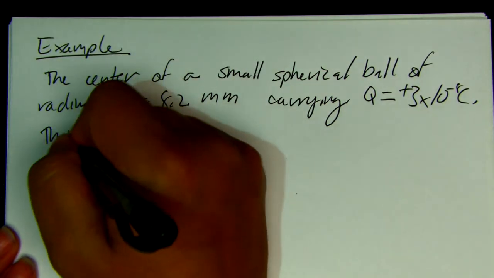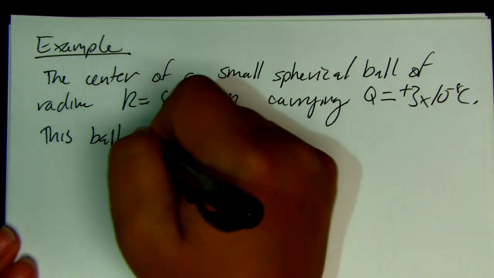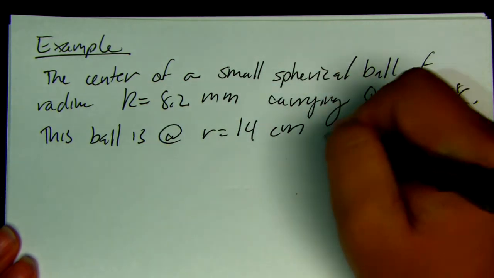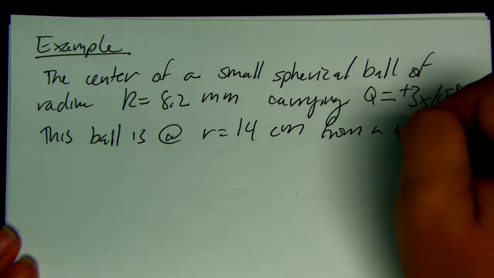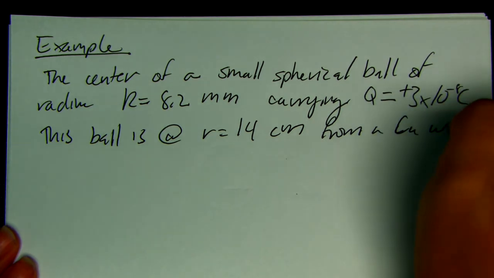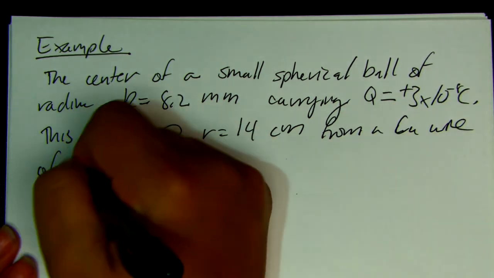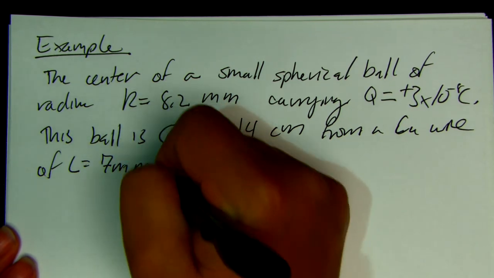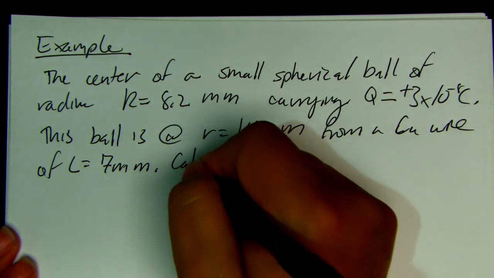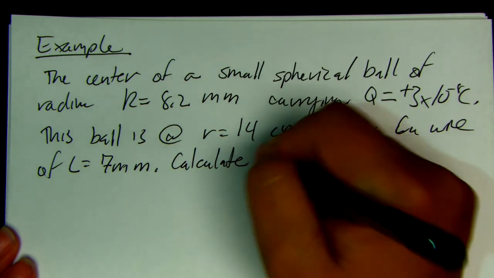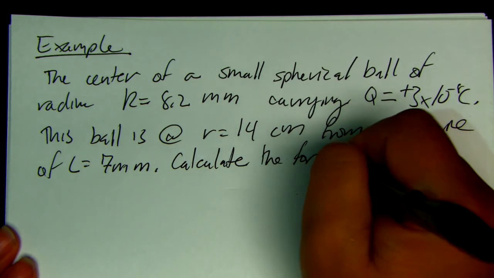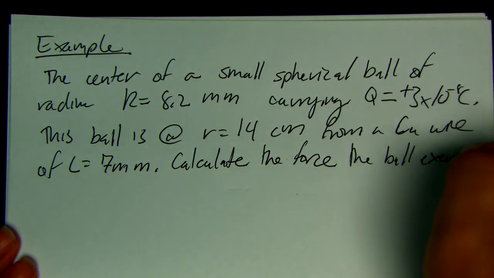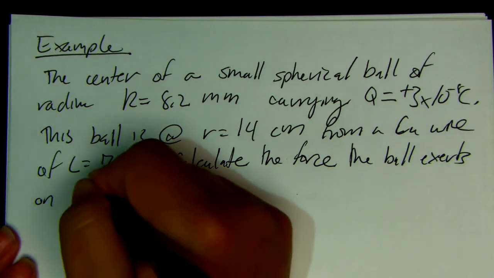This ball is at 14 centimeters from a copper wire of length equals 7 millimeters. We're going to calculate the force the ball exerts on the wire.